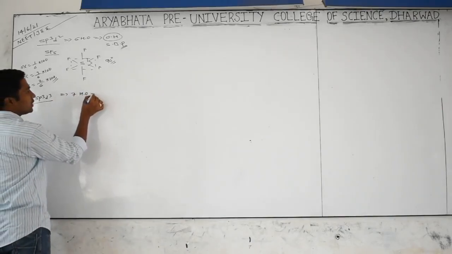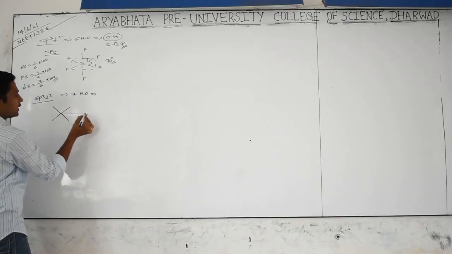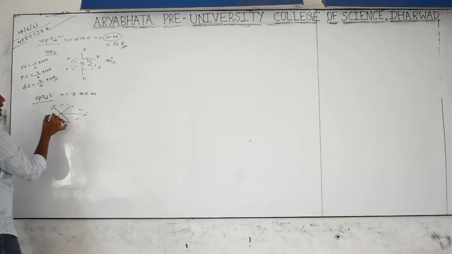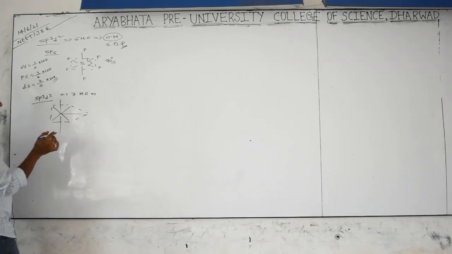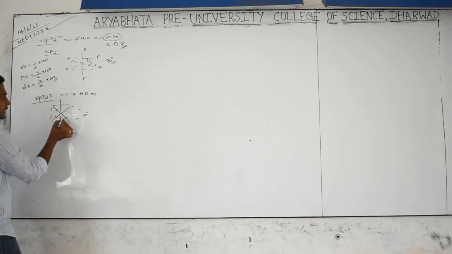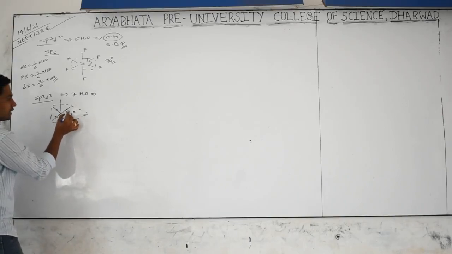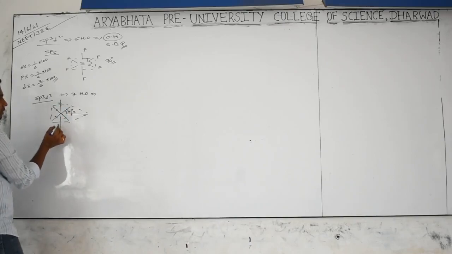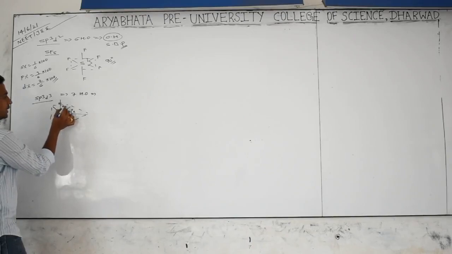How is the arrangement? 5 are in the same plane like a pentagonal ring, and one comes above the plane and another below the plane, but all are not equal here. Those lying in the same plane are called equatorial, making an angle of 72 degrees. Those above and below the plane are called axial bonds, making an angle of 90 degrees.